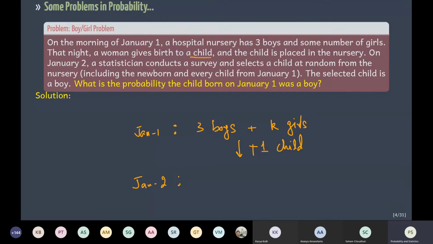On January 2nd, a statistician conducts a survey and selects a child at random from the nursery. So this is the situation right now. It's either 4 boys and k girls, or it's 3 boys and k plus 1 girl, because this child could be either a boy or girl. The statistician picks some child at random, and he selects a boy.